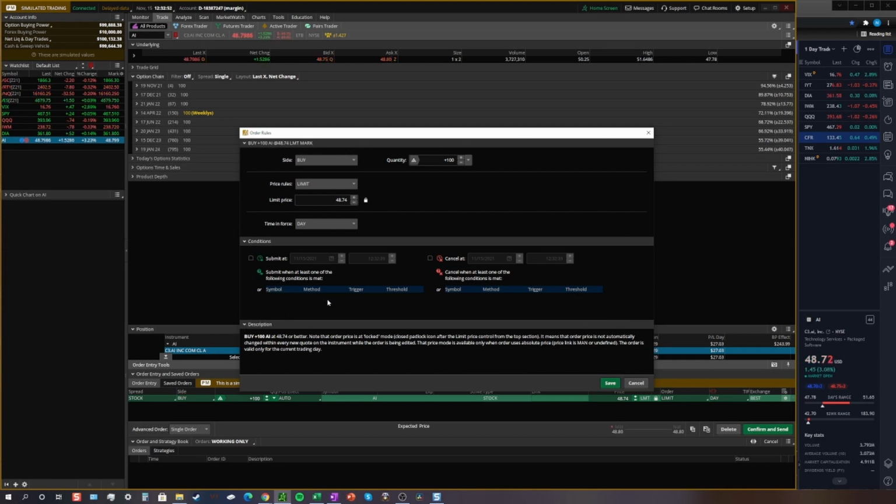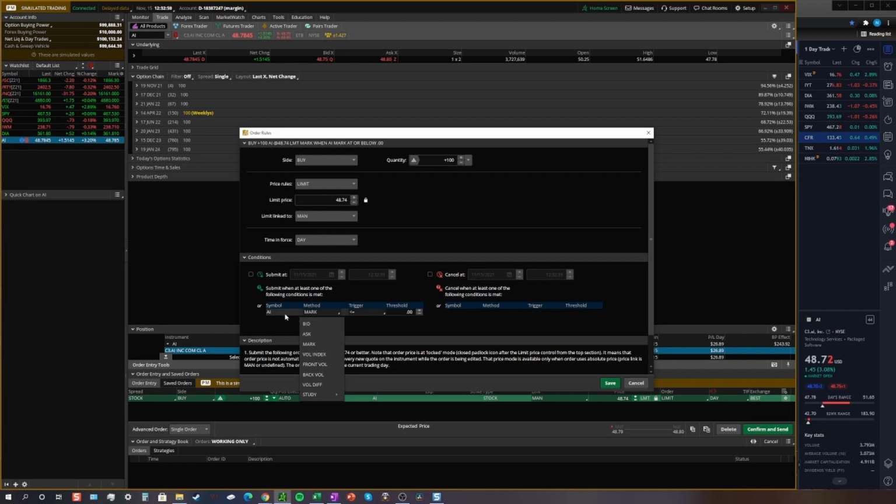This is another area where, if you want to set up triggers, you can do that in here. But the cool thing about doing it in here is you don't have to tie it to just the same symbol. So you can actually tie it to the SPY mark and then enter a threshold, maybe like, I don't know, 480.